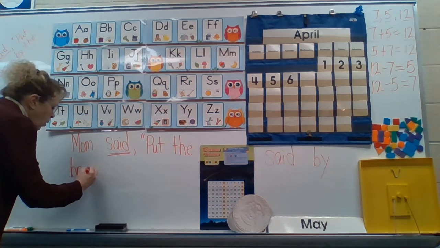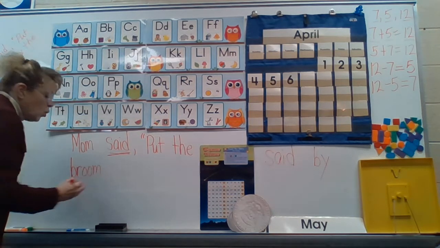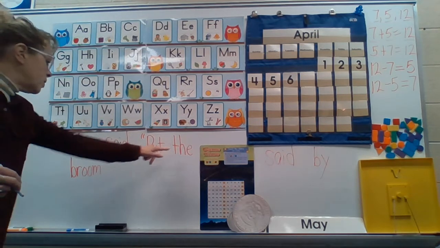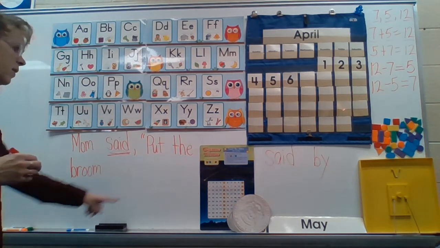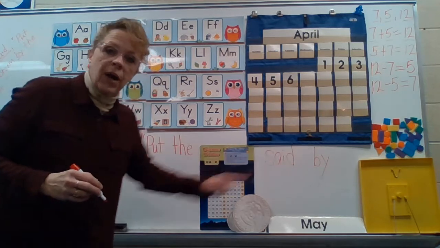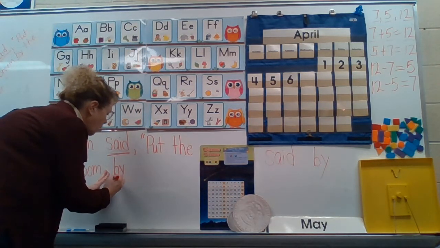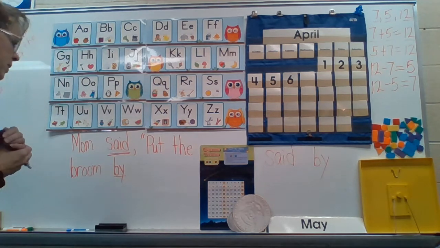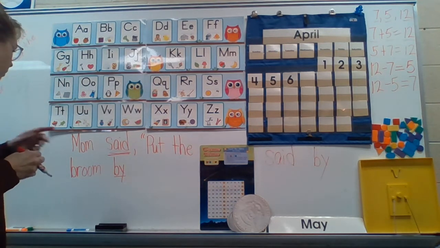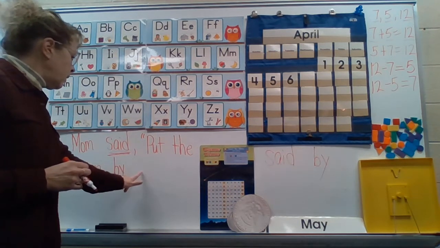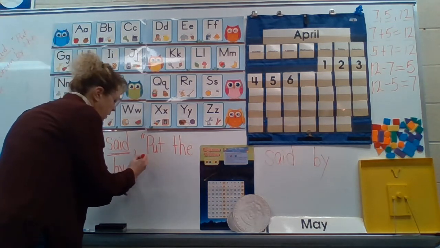And it's O-O-M, broom. Mom said, put the broom. Then I'm going to use my other sight word, by. B-Y. I'll underline that so I remember that's my sight word. Mom said, put the broom by the, T-H-E.